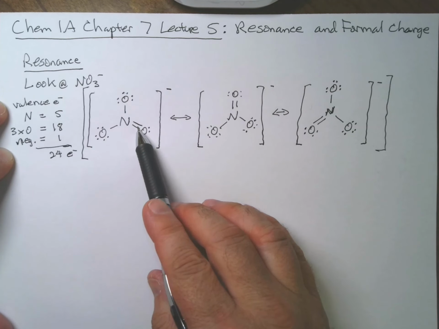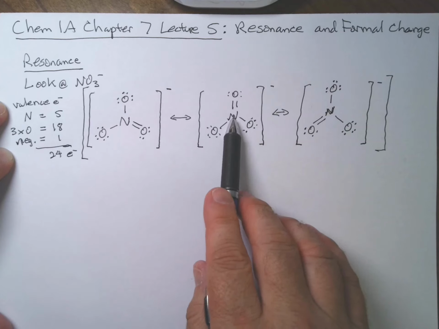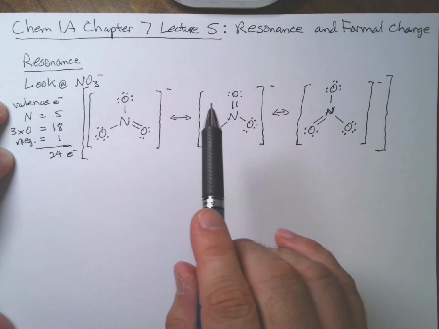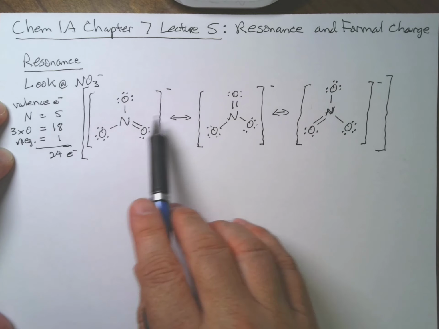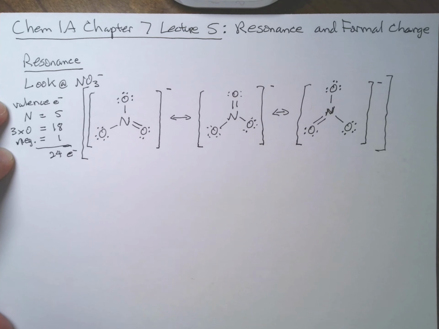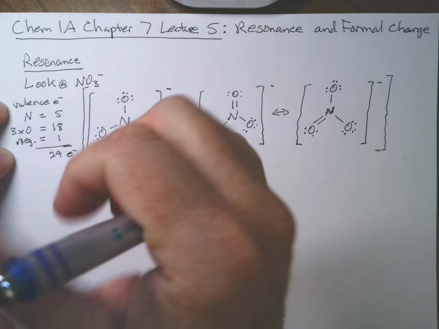We have the same atom in the middle, nitrogen. We have 3 oxygens attached to that central nitrogen. The only thing we've moved is electrons. In fact, I could draw in some arrows to show how these electrons move. And let me do this in blue, I think.